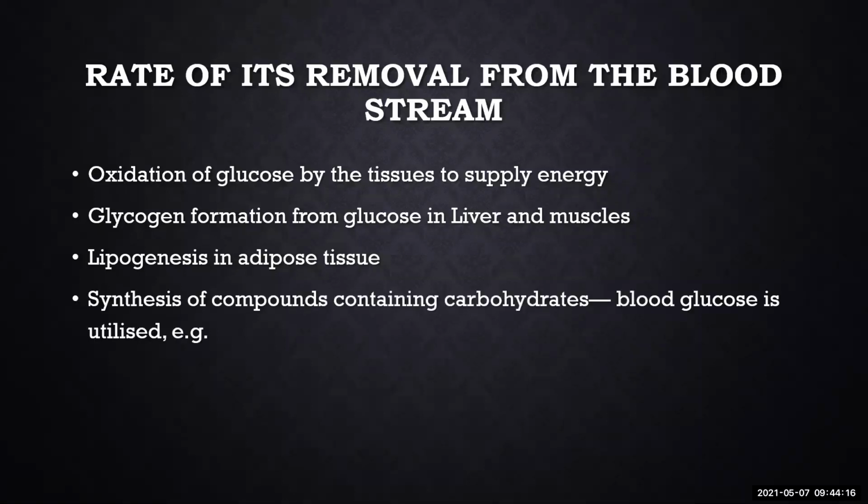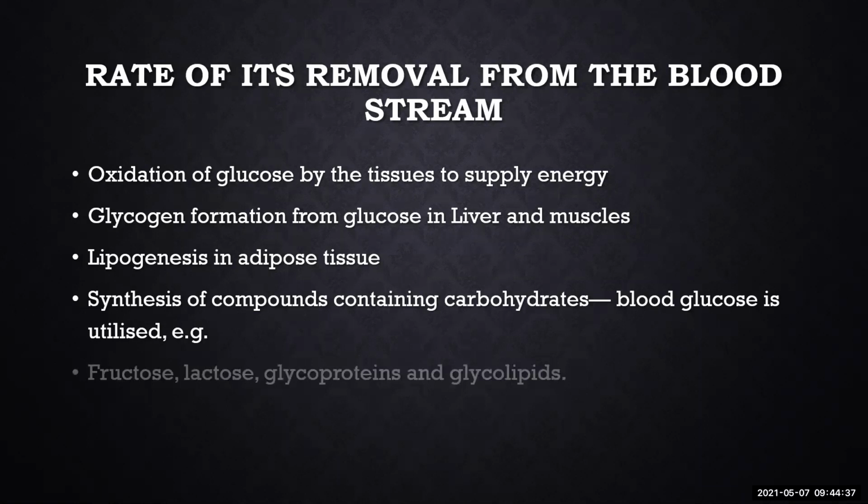Next is synthesis of compounds containing carbohydrates. Once lipogenesis is over, but still a certain amount of glucose is circulating in the body, above the normal range, it undergoes a process where carbohydrate containing compounds are synthesized.